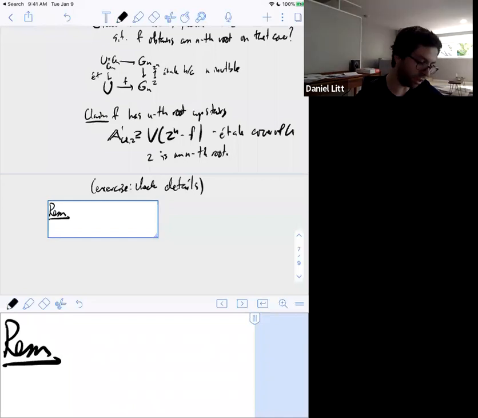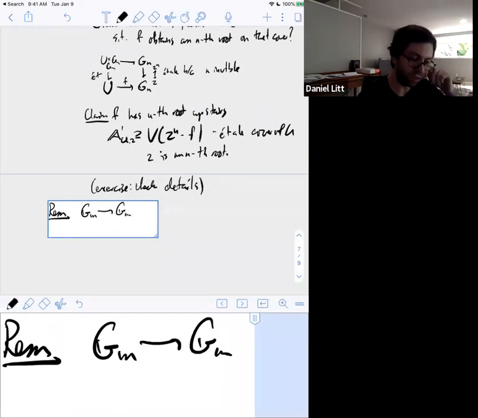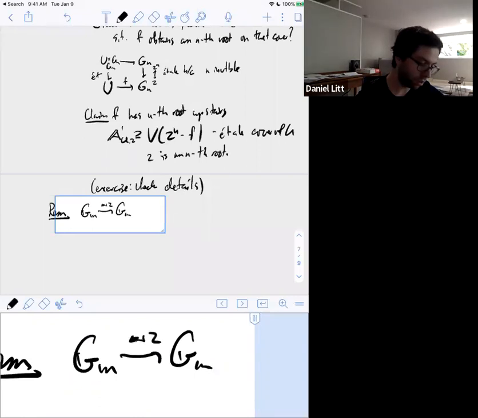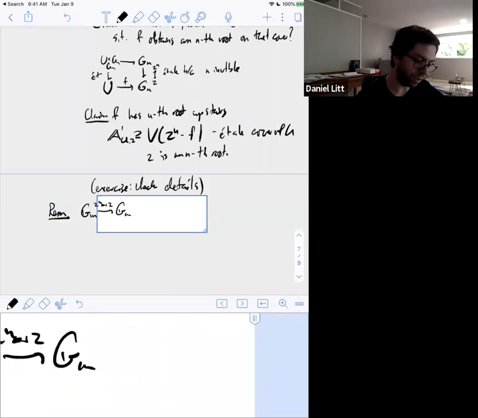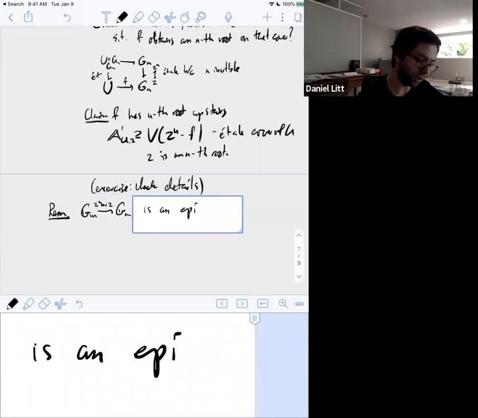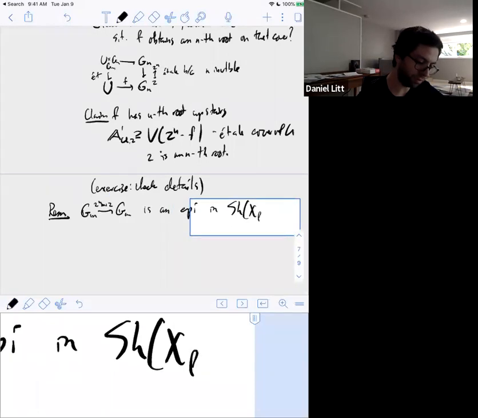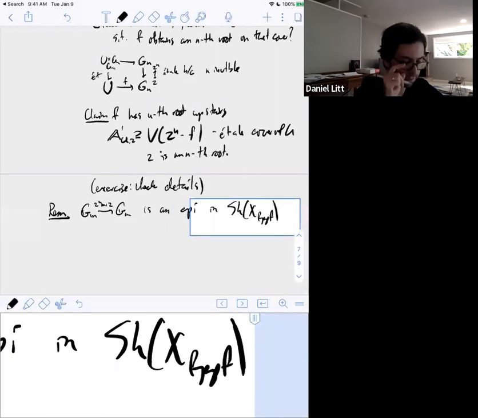So the remark is that this map of sheaves, G_m to G_m, in the Étale topology, if n is not invertible, will in general not be an epimorphism. But this will always be an epimorphism in the flat topology. Sorry, sheaves on the fppf site.